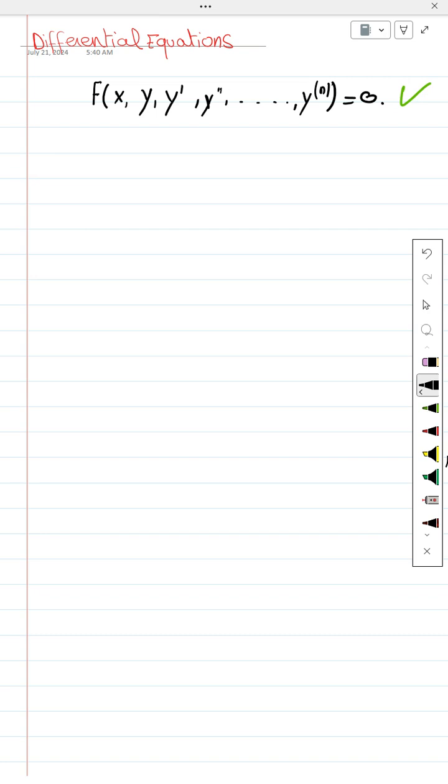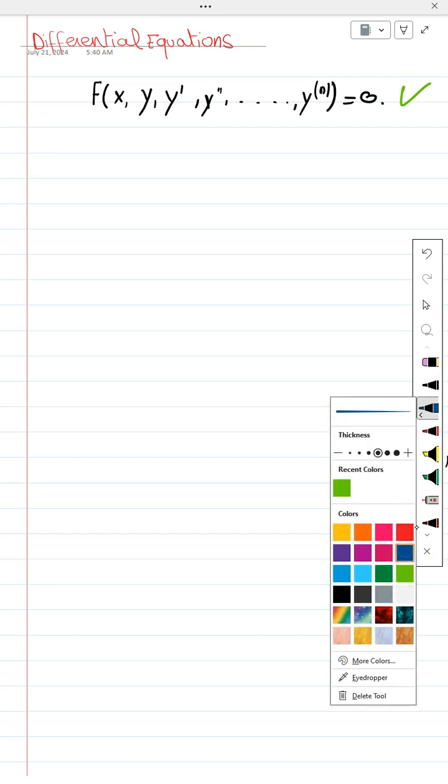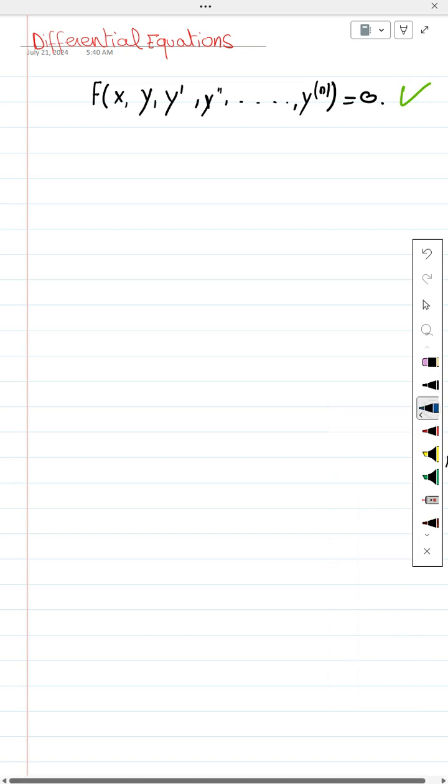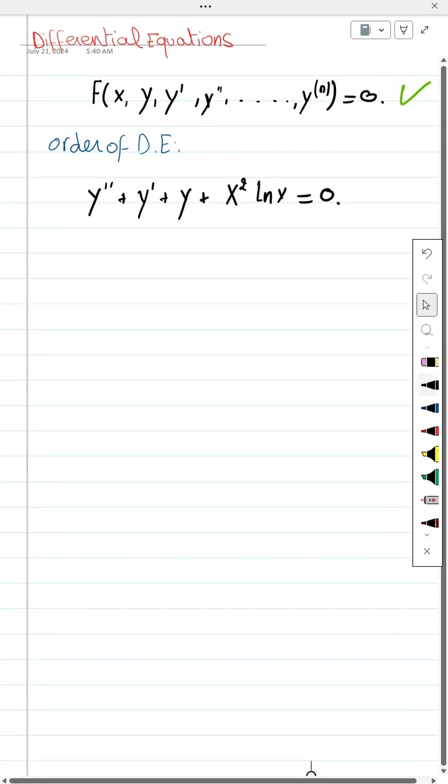For example, y second prime plus y prime plus y plus x squared ln x is equal to 0.